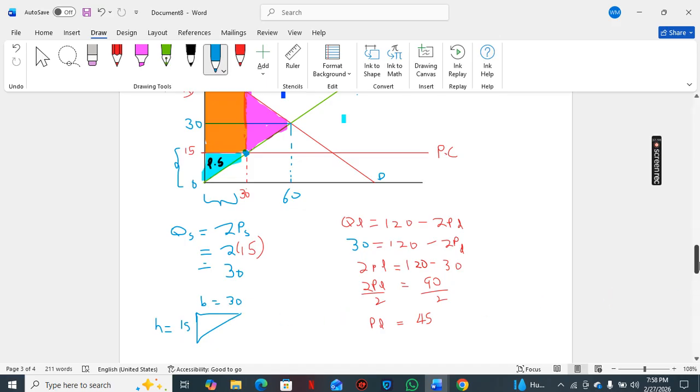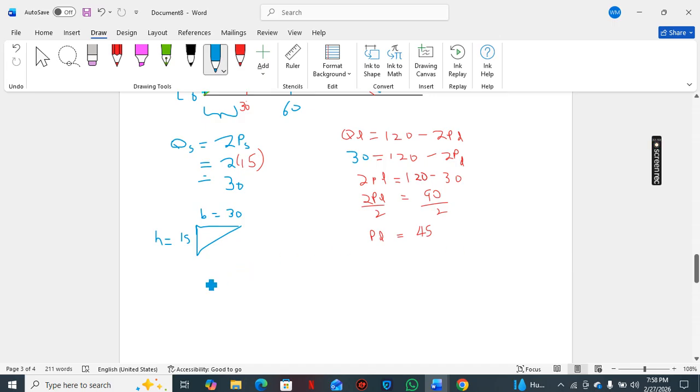Okay. So the new producer surplus, PS, is going to be half multiplied by B times H. So we'll say half multiplied by the breadth, which is 30, the height is 15.